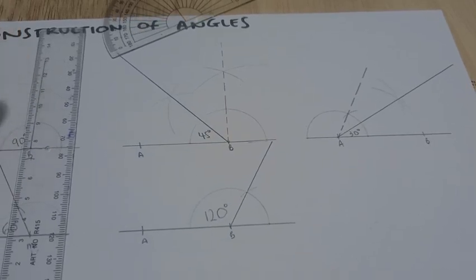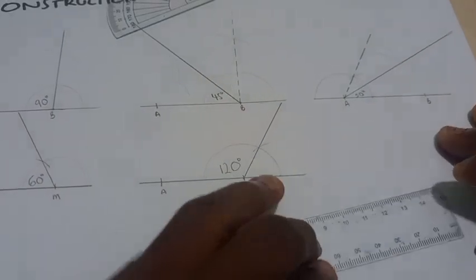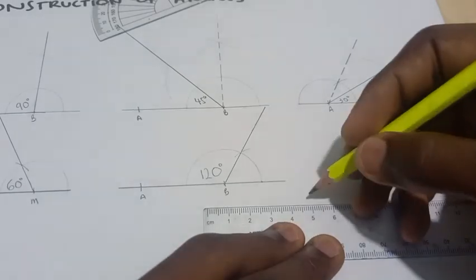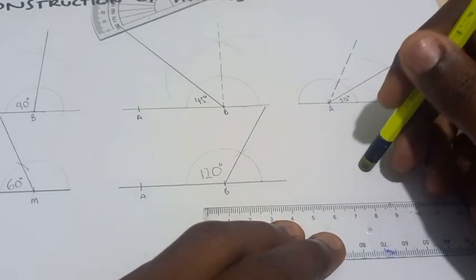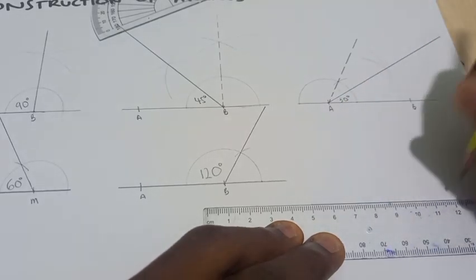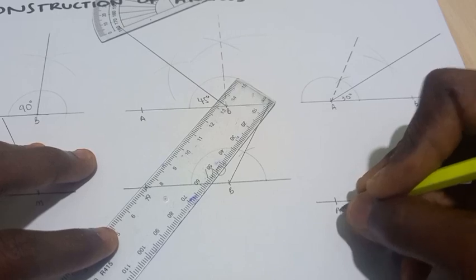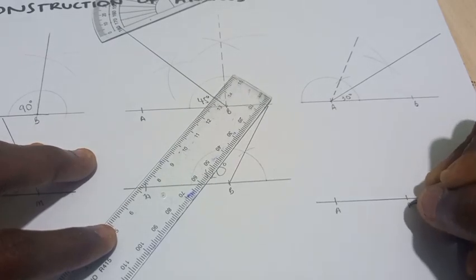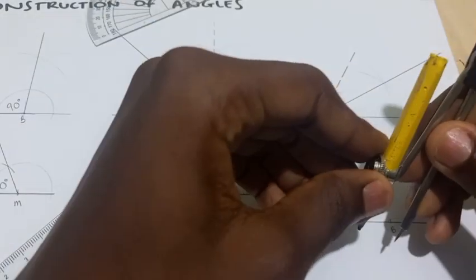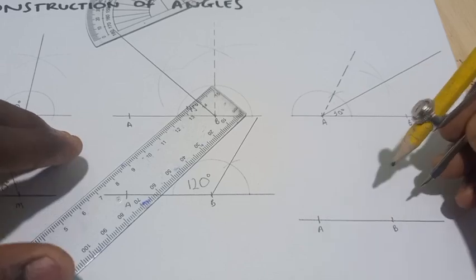So let's try solving for angle 75. How can we draw angle 75? Let's pick a horizontal straight line. Pick our points, let's say A and B, with 75 at B. So try guessing.